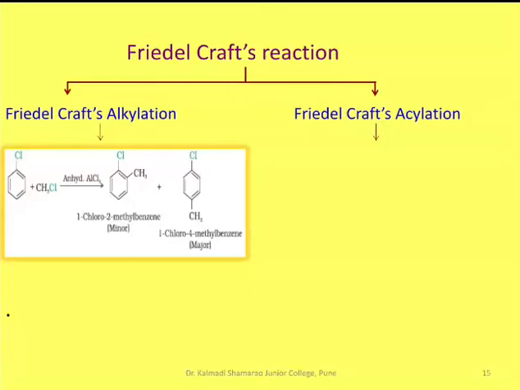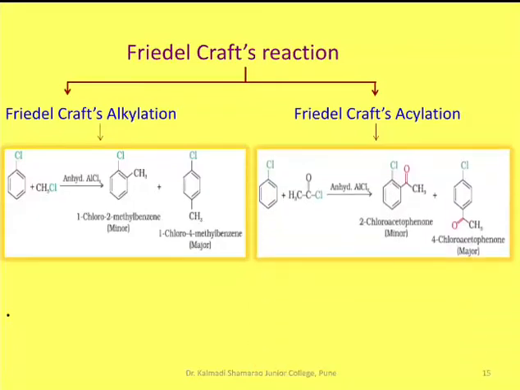For example, chlorobenzene when reacted with methyl chloride in the presence of anhydrous AlCl3 gives 1-chloro-2-methylbenzene as minor product and 1-chloro-4-methylbenzene as major product. Whereas Friedel-Crafts acylation is carried out by treating haloarenes with acyl chloride in presence of anhydrous AlCl3.